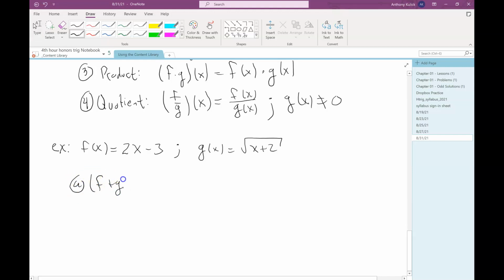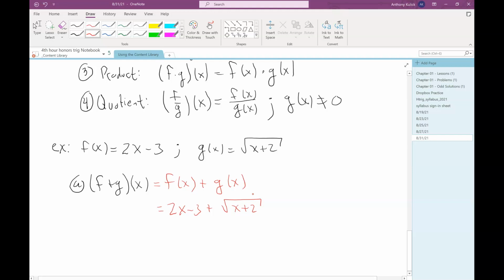If I want to do (f plus g)(x), according to my definition, I'm going to do f(x) plus g(x). My definition says f(x) is 2x minus 3, and g(x) is square root of x plus 2. And then all that's left would be to combine like terms or simplify the expression if possible.